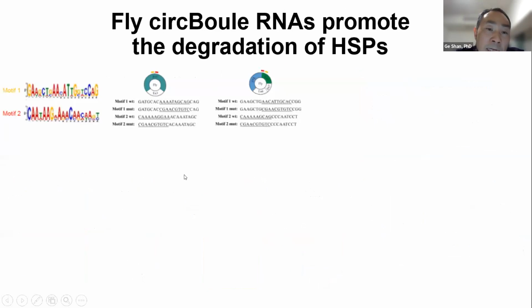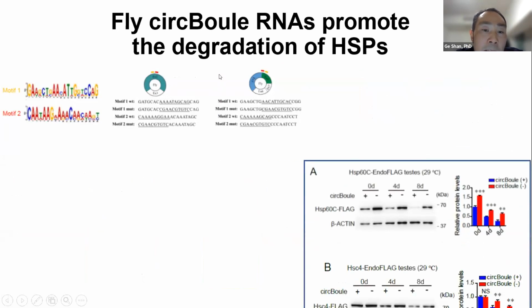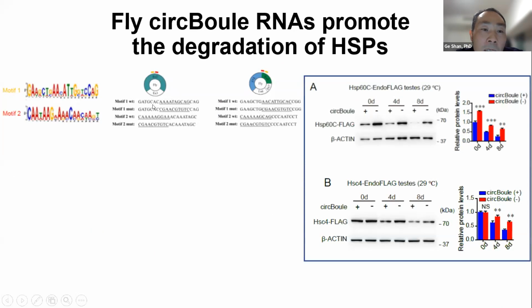Further, we found this interaction is mediated by two conserved RNA sites in the circBoule RNAs. If we delete them, the heat shock proteins will not interact with circBoule.